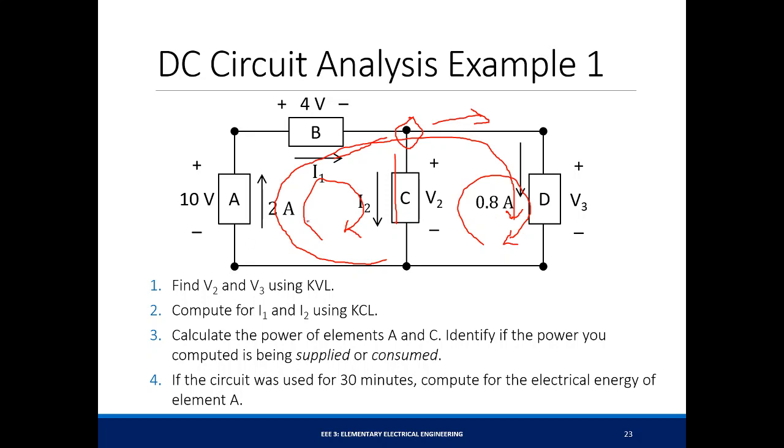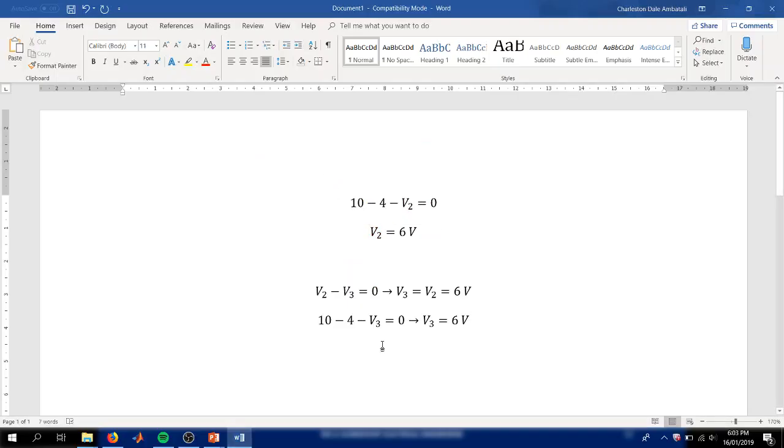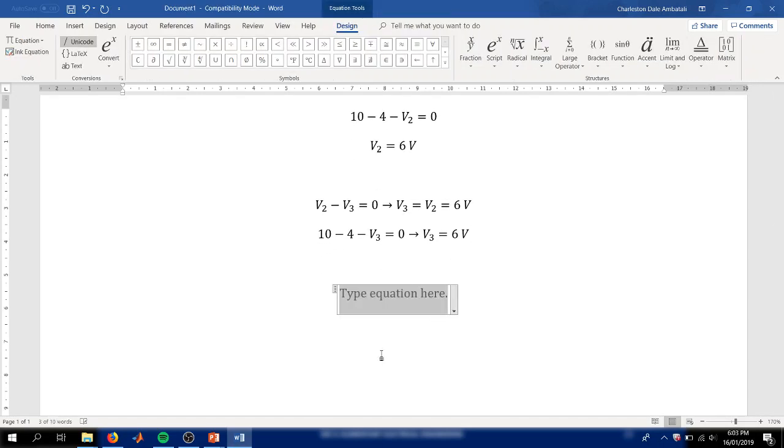At this other node, 2 amperes enter and I1 leaves, and no other current can be found at this node. So we can use this node first. The current going in equals the current going out. So again, that's KCL. There's 2 amperes going in and I1 going out. Therefore, 2 amperes equals I1. So that's the answer for I1.